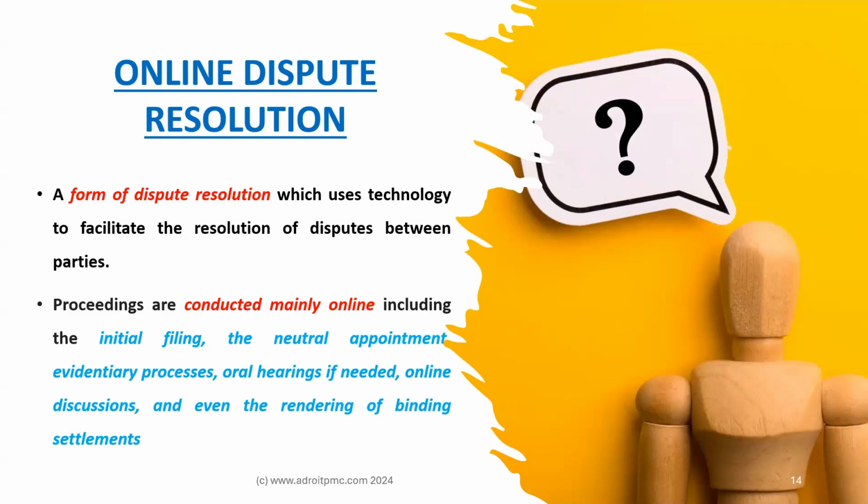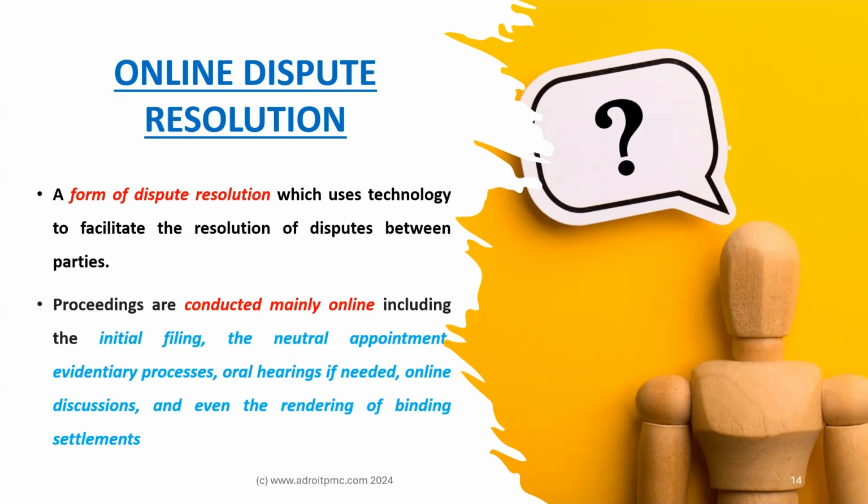Next is online dispute resolution. Hope you have come across this term, ODR. This is one of the new procedures which is significantly capturing people's attention now. This is nothing but multi-tier dispute resolution with technical assistance.